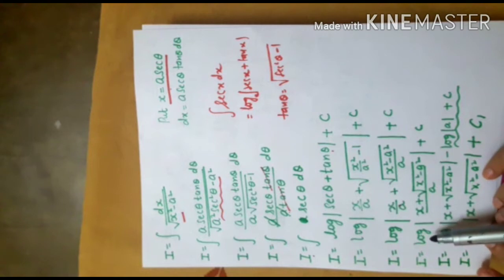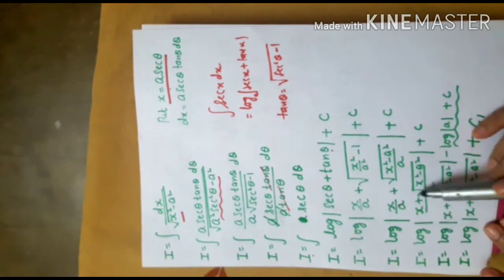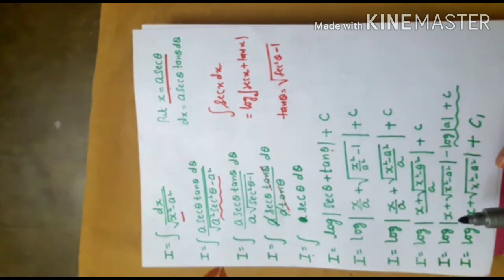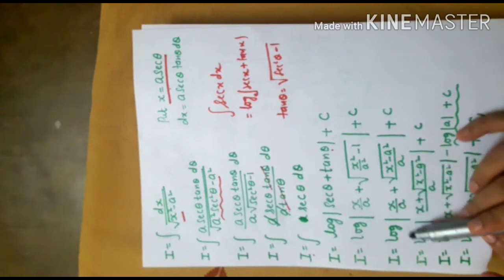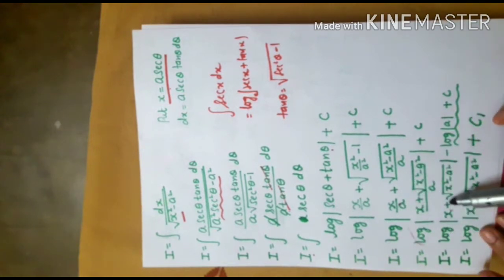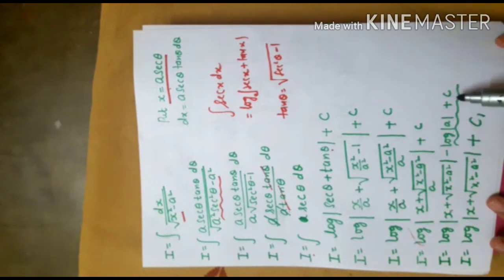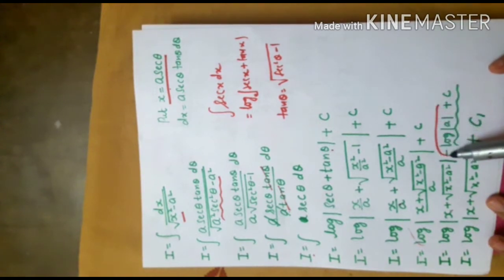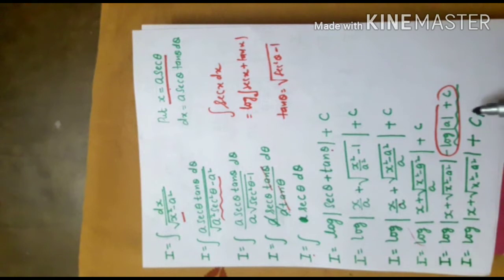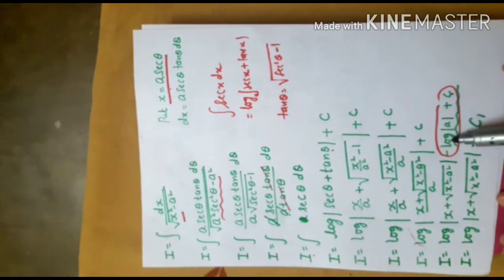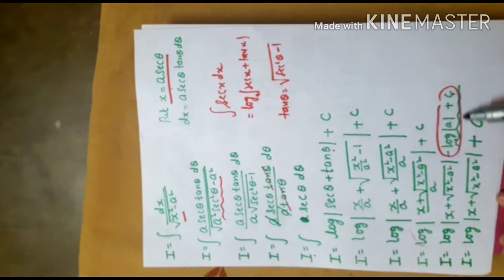Yes, by property of logarithm, log a by b is log a minus log b. So I can write this as log x plus root x square minus a square minus log a plus c. Now I have replaced this with a constant c1 because this is constant, this is constant. So I have replaced it with symbol c1.